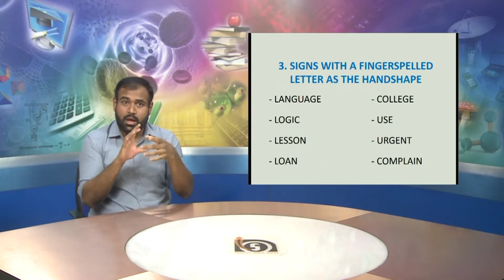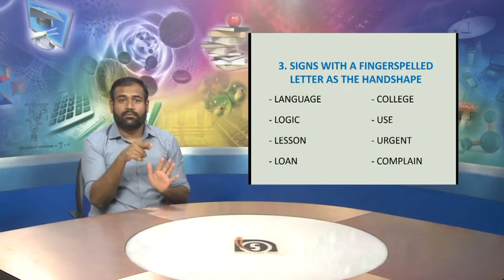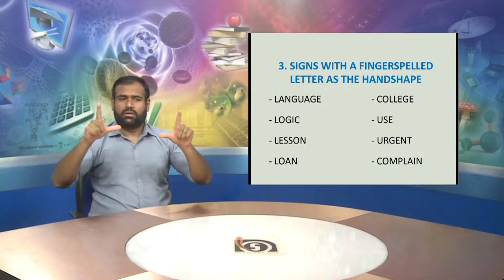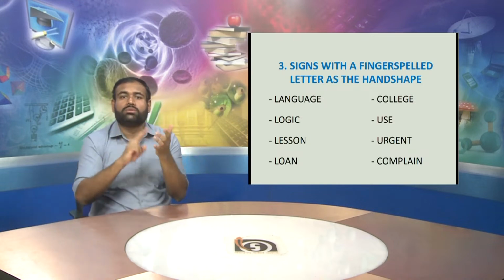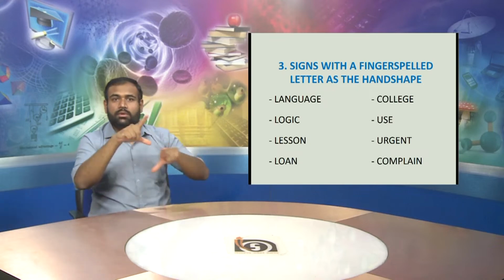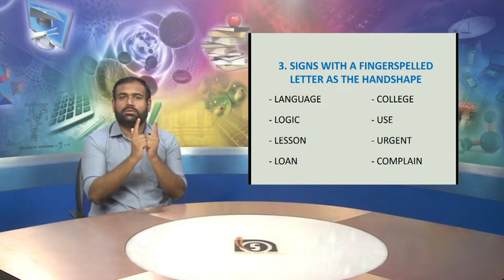And this is the third type. And these are signs with finger spelled letters as the hand shape. See the language word. This is for language. Then logic.